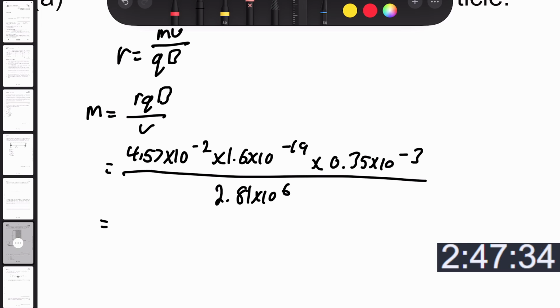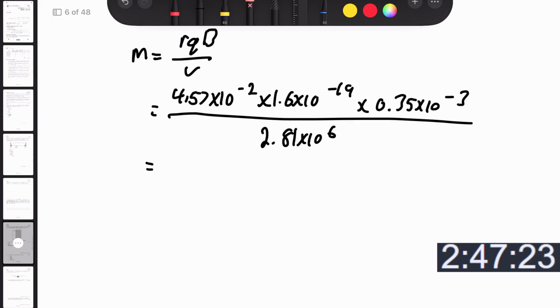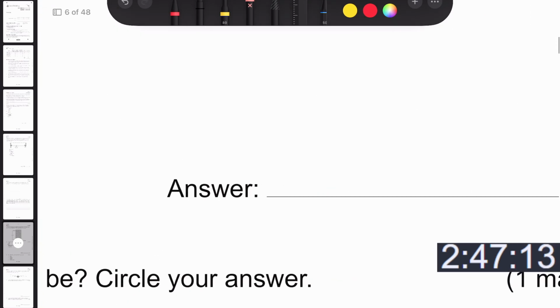So this is 9.11 times 10 to the negative 31 kilograms, which is going to be an electron.